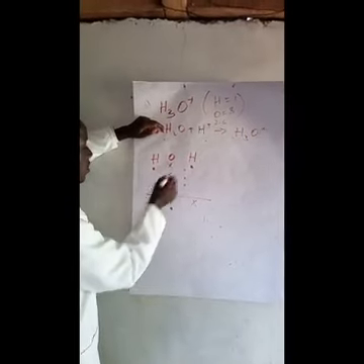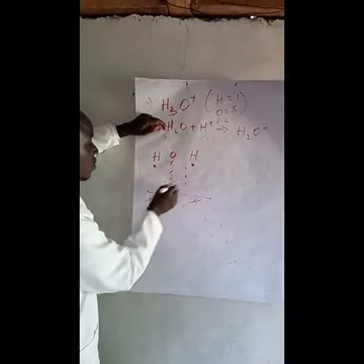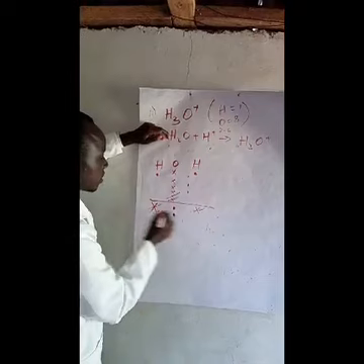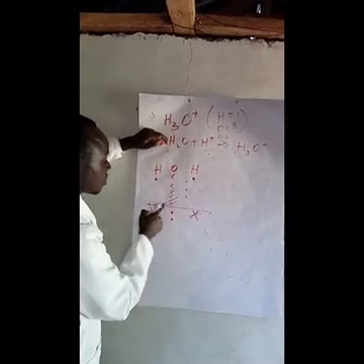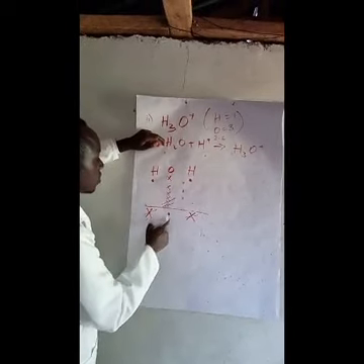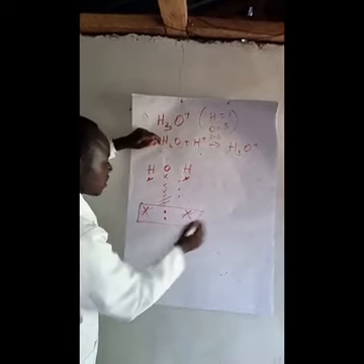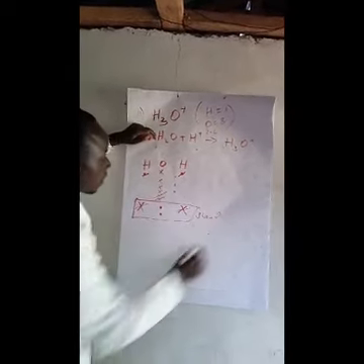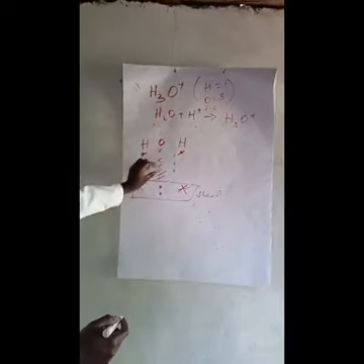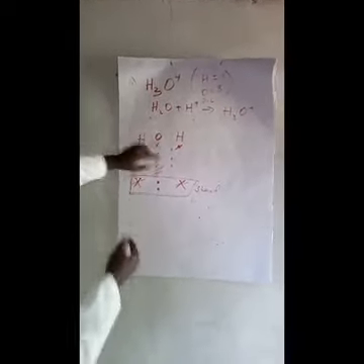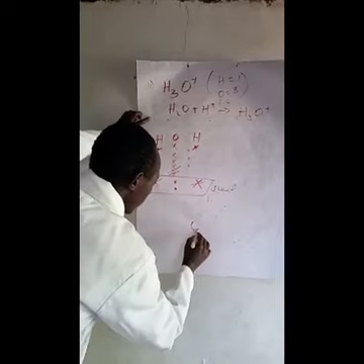So 1 dot, 1 dot. This is the shared pair. This is lone pair, lone pair.